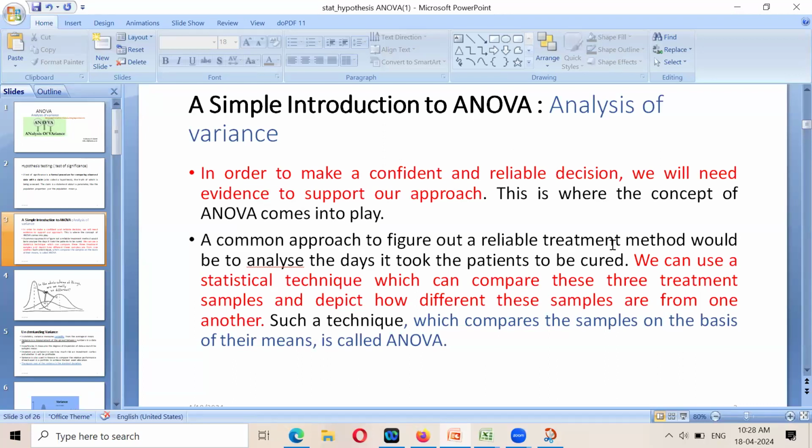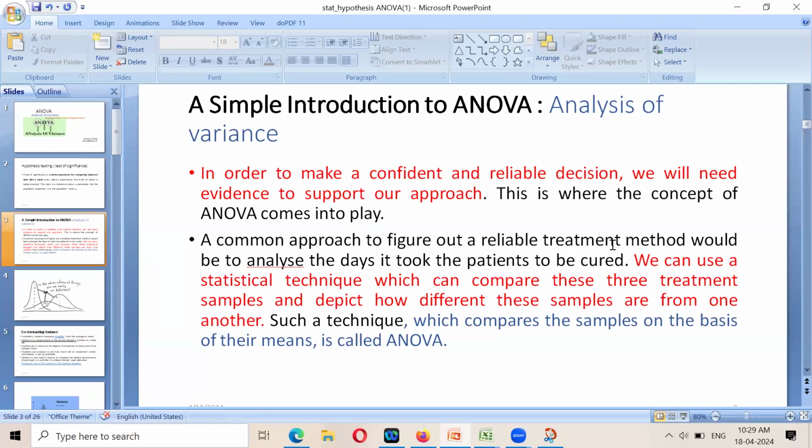While doing the ANOVA test, we have to consider parameters like sum of squares, mean square, F value, F critical value, and P value. All these are considered while conducting the ANOVA test. These parameters check the difference between the groups so that we can reach a conclusion: either we support the null hypothesis or we reject the null hypothesis.